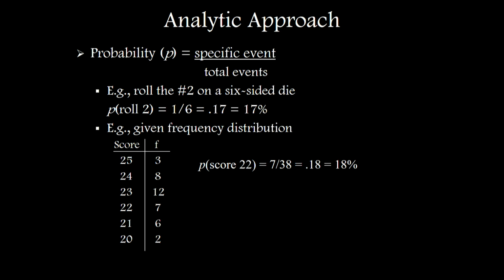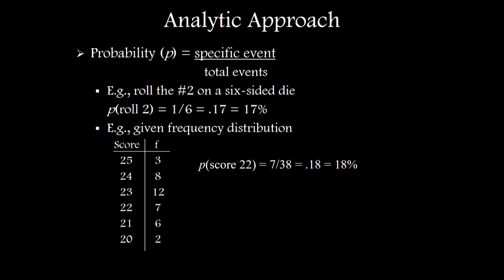So 3 plus 8 plus 12 plus 7 plus 6 plus 2 tells me how many total scores there are. And again, 7 of those total scores scored a 22. There were 38 scores total. So I can do some simple math. 7 divided by 38 is 0.18. So my p-value here is 0.18, or I have an 18% chance that if I were to draw somebody at random, they scored a 22 on this test.